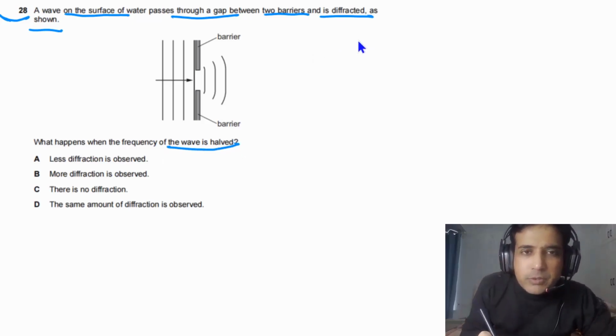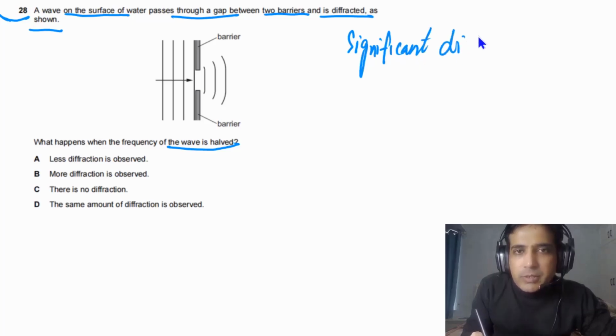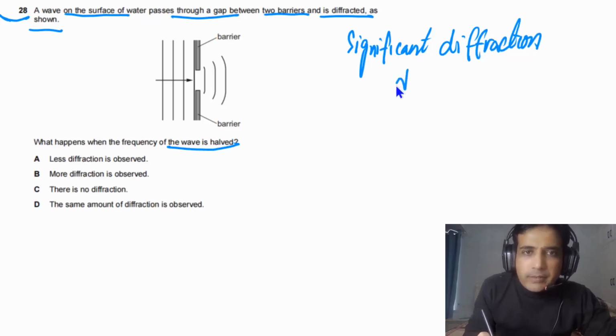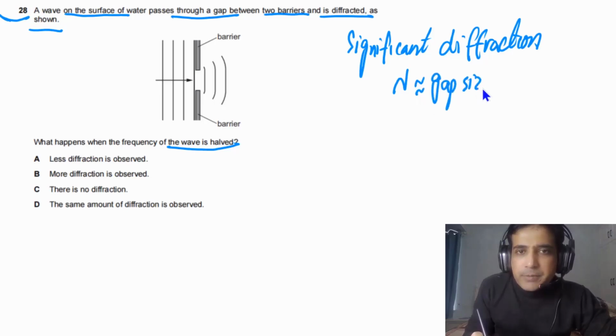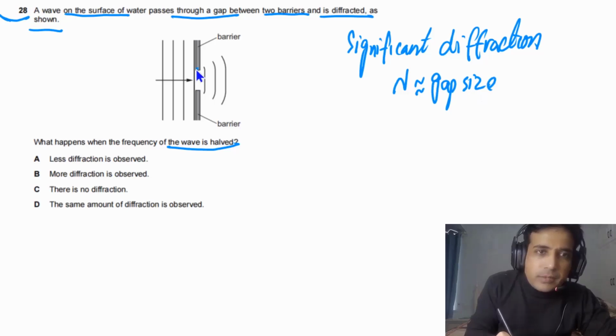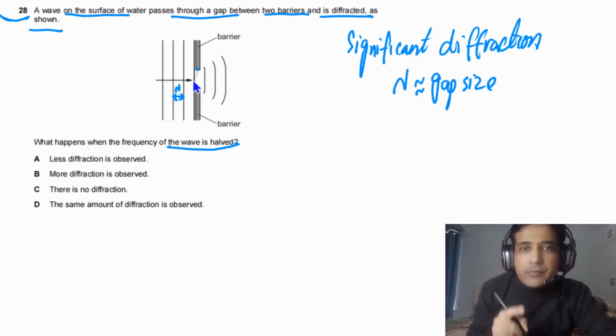First of all, let's understand when significant diffraction takes place. Significant diffraction takes place when the wavelength of the wave is approximately equal to the gap size. This is the gap size, and this is the wavelength of the wave. When the wavelength is about equal to the gap size, there is significant diffraction.